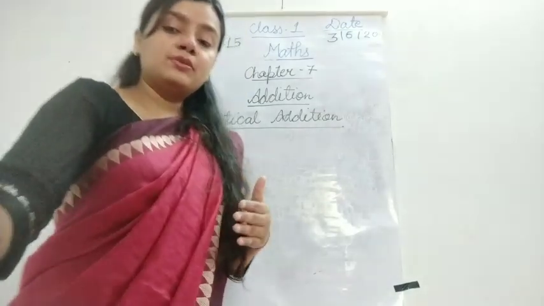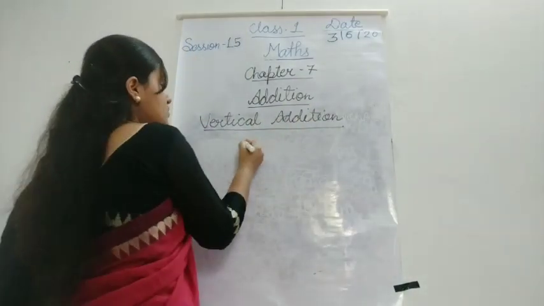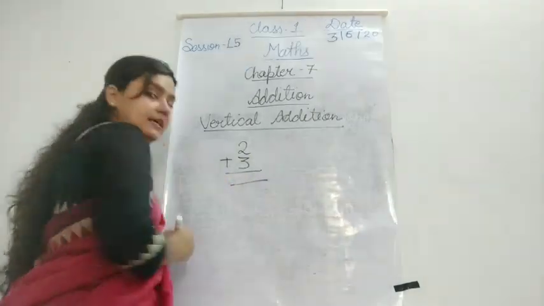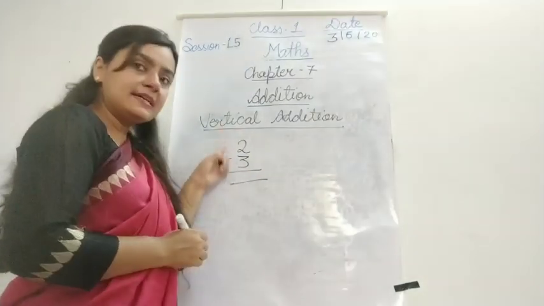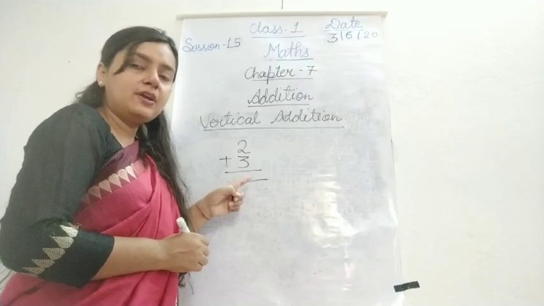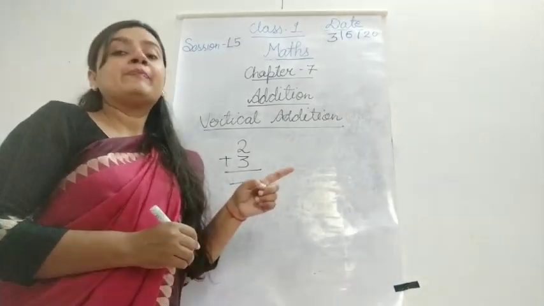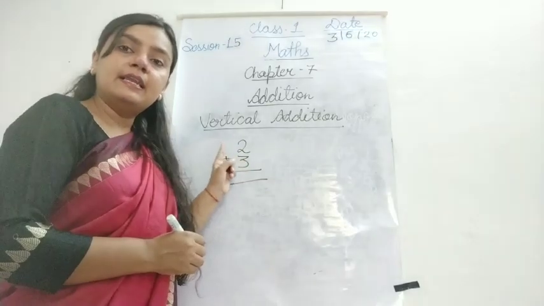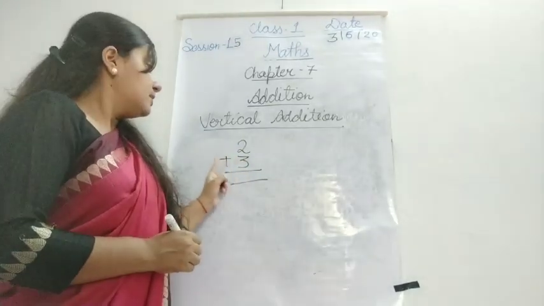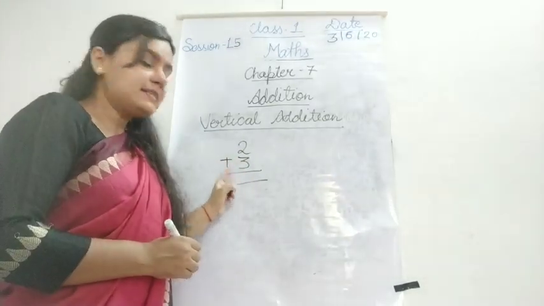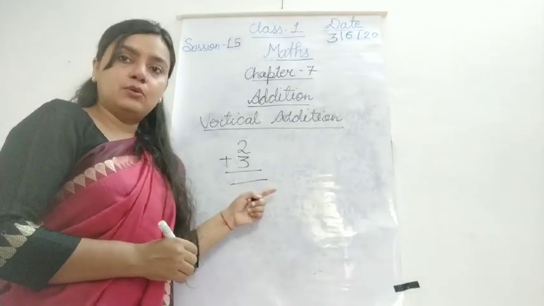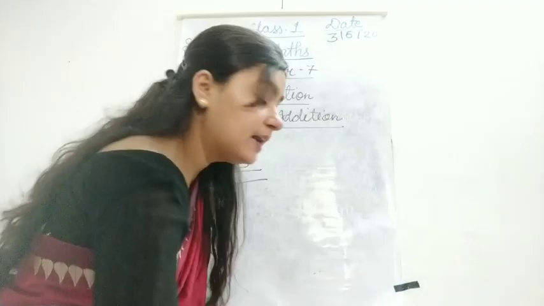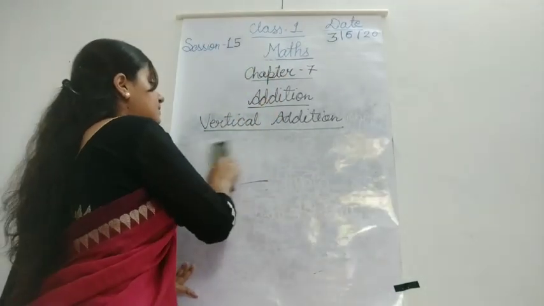If you have to add 2 plus 3 in vertical form, the form will be like this. The numbers must always be written like this, with the sign here. So we'll start with our exercise.